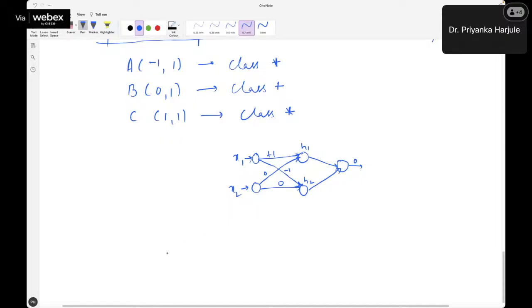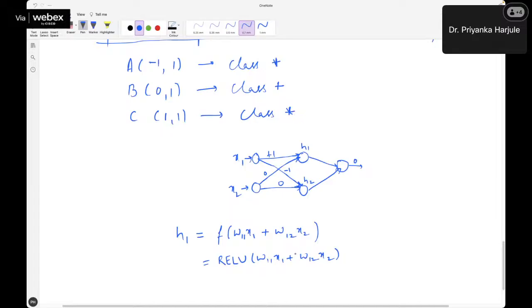When we consider this, we have H1 as some activation function times W11 x1 plus W12 x2. Let us take this activation function to be ReLU. So what is this ReLU activation function?